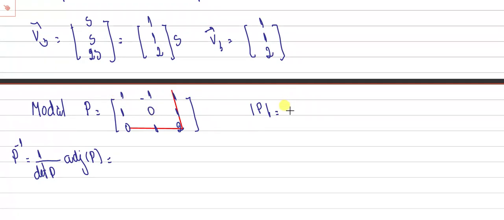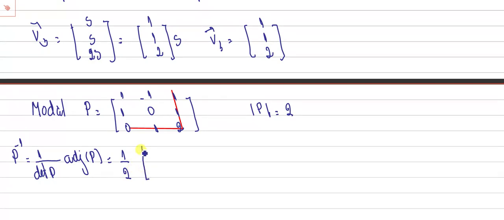So it's equal to 2. So I got the determinant of P is 2. So I just write 1 over 2.